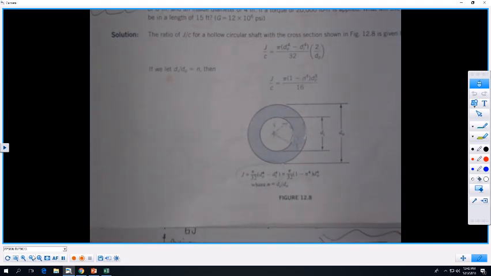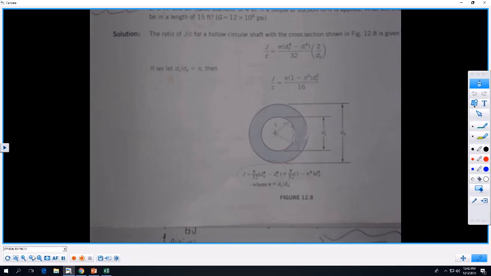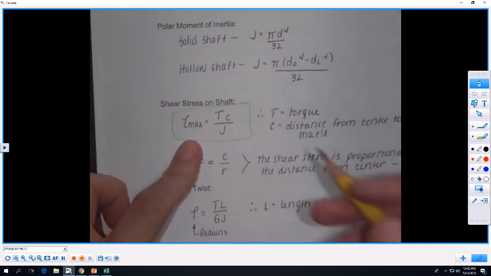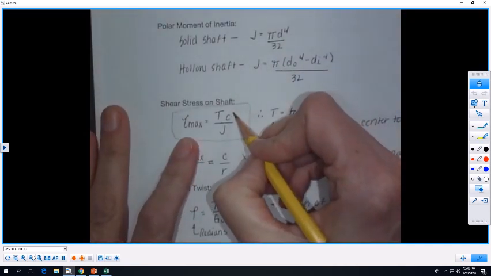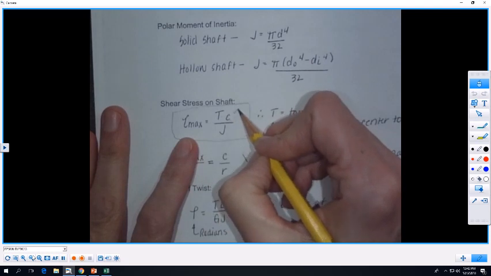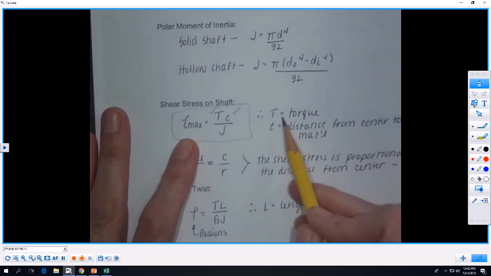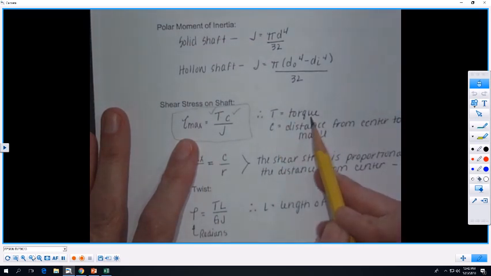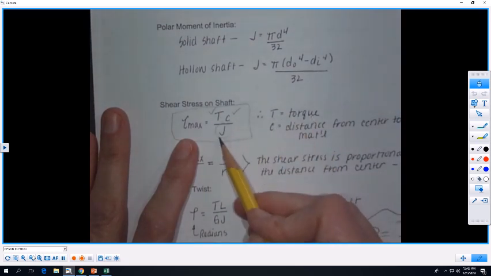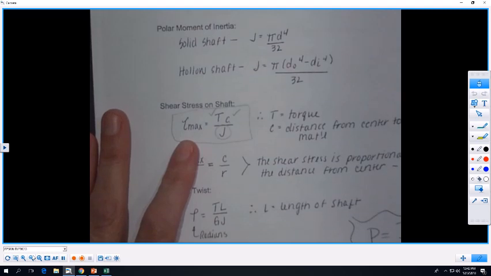Okay. All right. So with that, I'm just going to look at this equation. Knowing that we're going to be calculating this twice, we are already given the diameter for the inside and the outside, so we can calculate what that C is. We were given the torque, okay? So what we also need to find is our J, our polar moment of inertia.